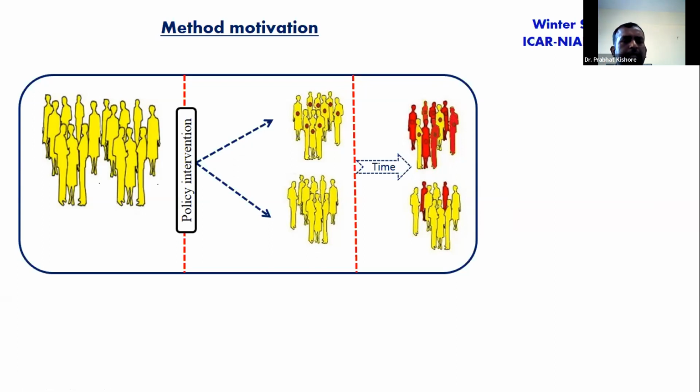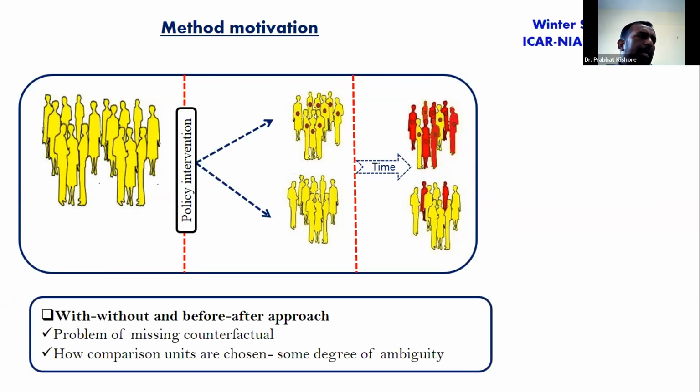So there is always some problem, like the problem of missing counterfactual, as we say in statistical terms: you cannot have the same observation at the same time as treated and as a control. Suppose one person is getting training, and we want to know the impact of that training on his career advancement.